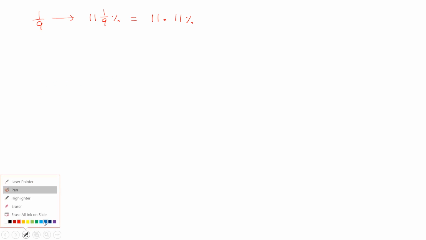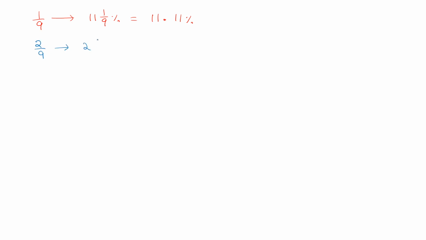Another important ratio, this kind of percentage fraction, is 1 upon 9. When 1 upon 9 is converted into percentage, it is nothing but 11 1 by 9%, or we can write it as 11.11%. If we need the value of 2 upon 9, it is going to be 2 times the 1 upon 9.